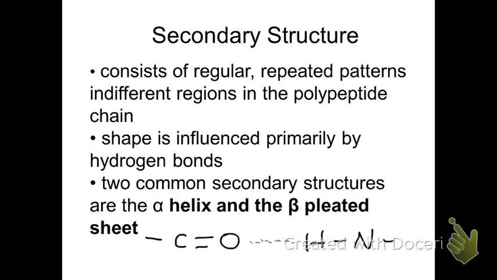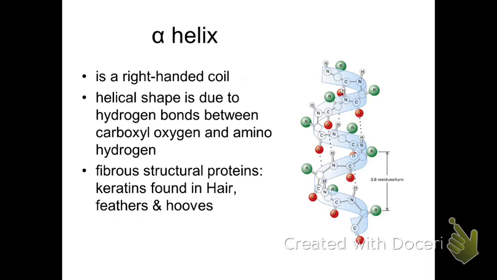That hydrogen bond exists between the oxygen in the double carbon bond and the hydrogen located on the amine group. So we're going to look at the two important secondary structures, alpha helices and beta pleated sheets. We'll look at alpha helices first.